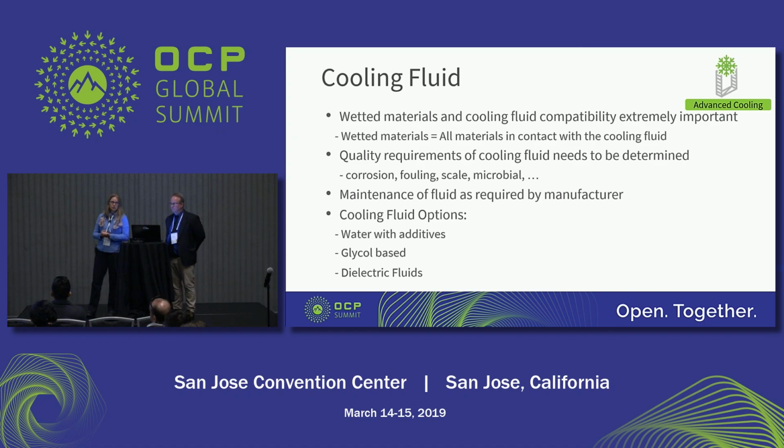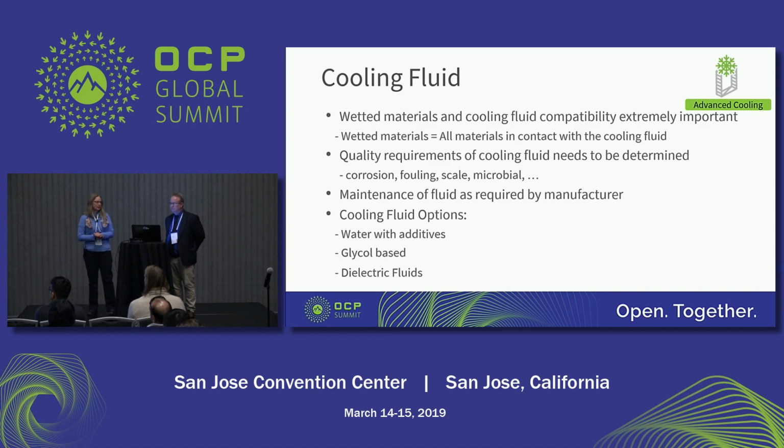You also need to determine, of course, what the quality requirements are for the fluid in order to reduce any type of risk of corrosion, fouling with insoluble particles, scaling with salt deposits, and potential microbial or bacterial growth in the fluid itself.